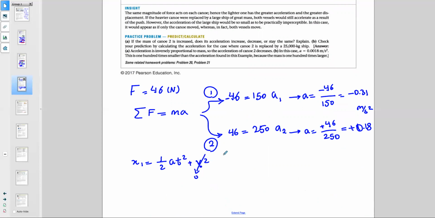We know that, right? So half of a, for 1, is negative 0.31, times t squared, 1.2 seconds.